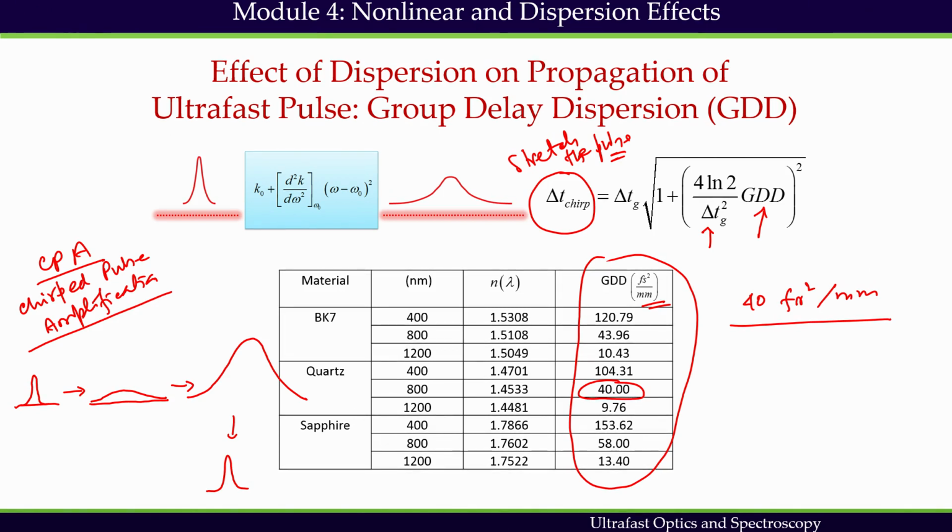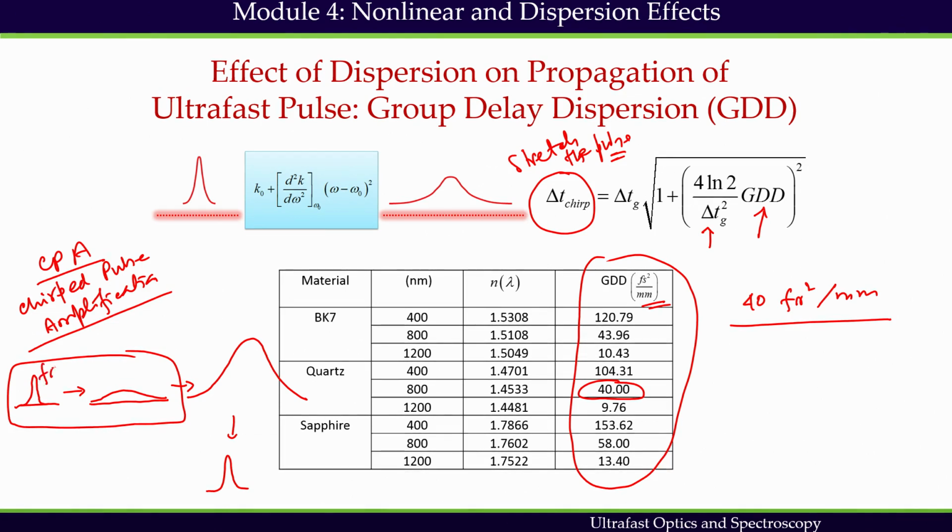The CPA scheme can increase the energy of a short pulse while avoiding very high peak power in the laser amplification process. This is done by lengthening the duration of the pulse before amplification. Before injection into the amplifier, the short pulse is stretched in time by introducing a frequency chirp, which increases the duration of the pulse by a factor of 10 to the power 3 to 10 to the power 4.